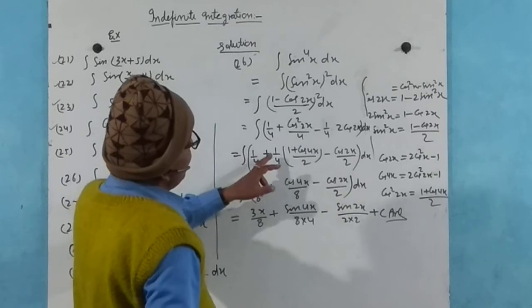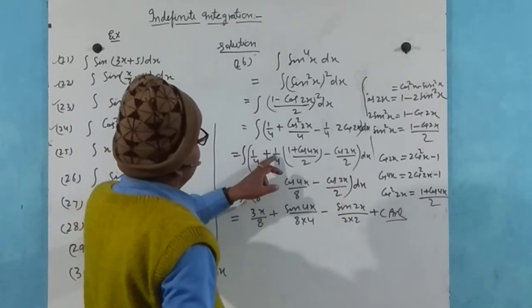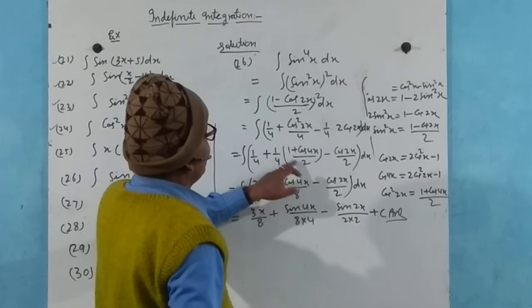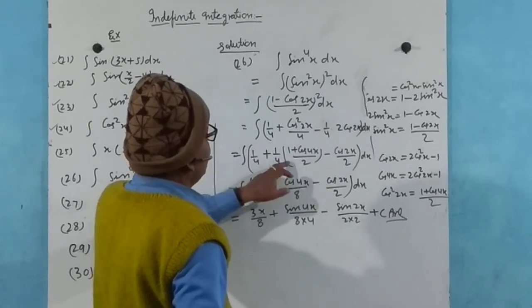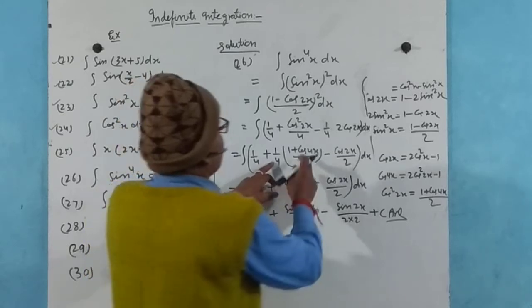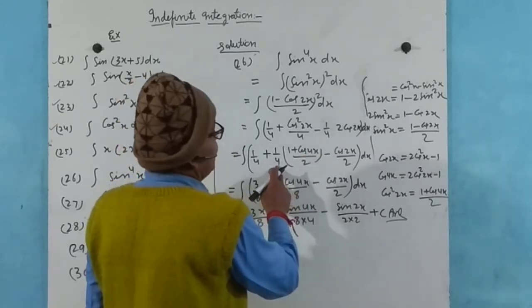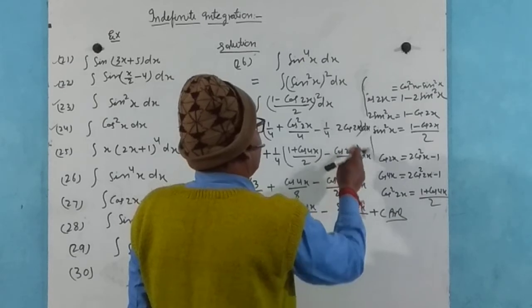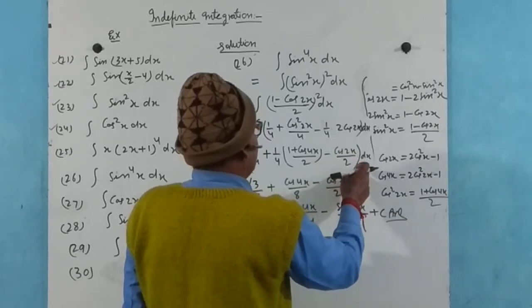Now open this. This is 1 by 4 and 1 by 8, 1 by 4 and 1 by 8, that is 3 by 8, plus cos 4x divided by 8 and here minus cos 2x by 2 dx.